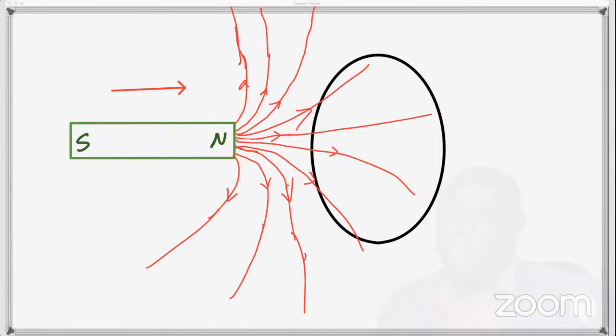Can you repeat the question? If you push the magnet in the direction shown by this arrow, so V shows the motion of the magnet, you push it towards the coil, the circular coil. What will happen to the number of magnetic field lines that go through the coil? Will it increase or decrease?